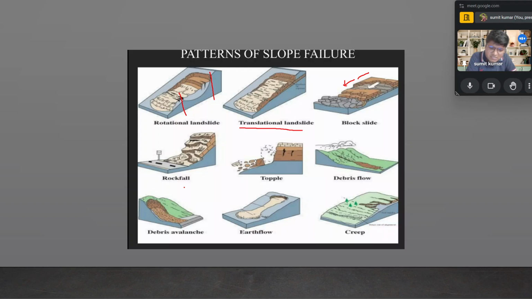Then the debris flow, the definition we have come across, is also presented. Then the debris avalanches, okay, avalanche means, if you talk in Hindi, tufan. So these types of things also take place around the mountainous region. The earth flow and the creep are some of the patterns associated with slope failure visible in these images.